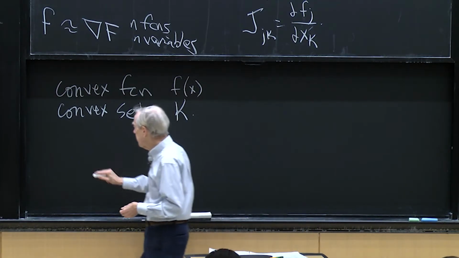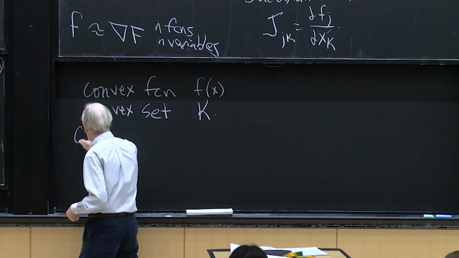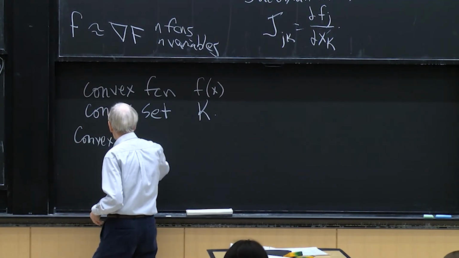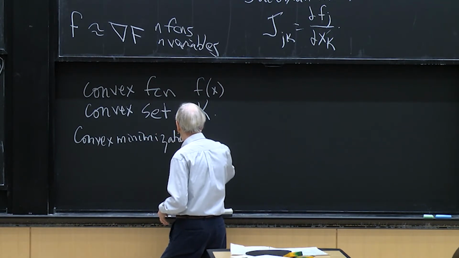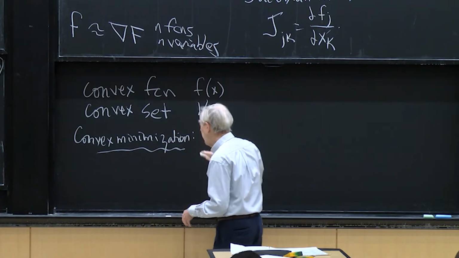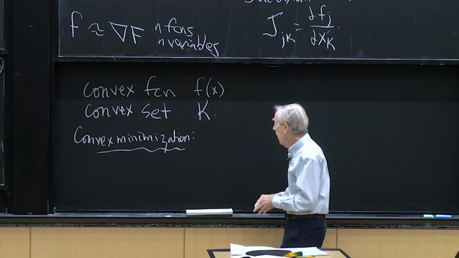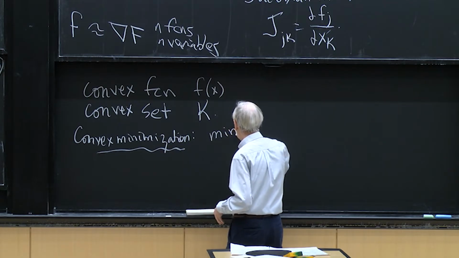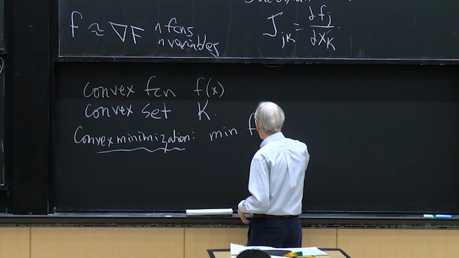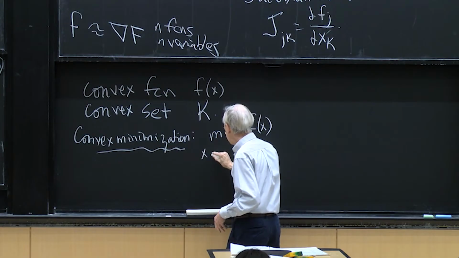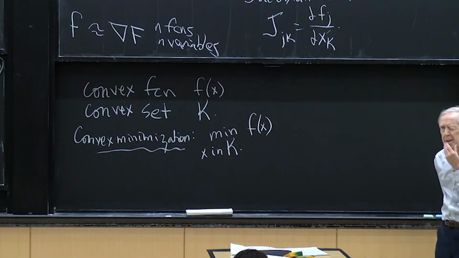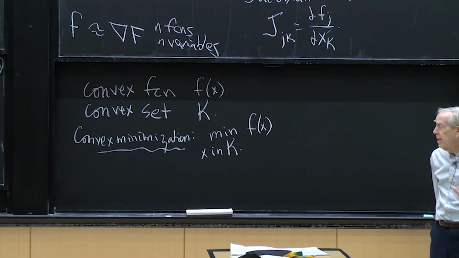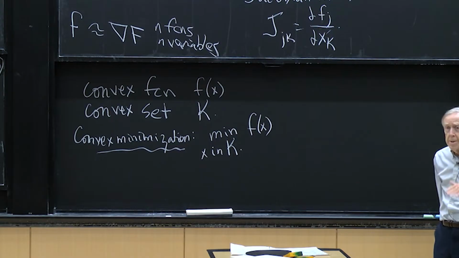Here's my general problem, convex minimization, which you hope to have, and in many applications you do have. So you minimize a convex function for points in a convex set. That's the ideal situation, to get something powerful on your side: convexity.